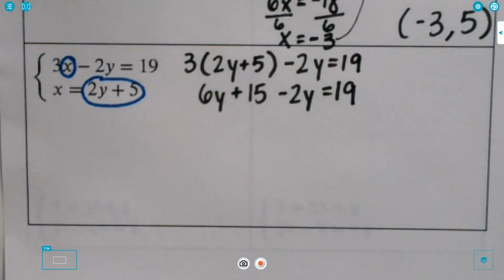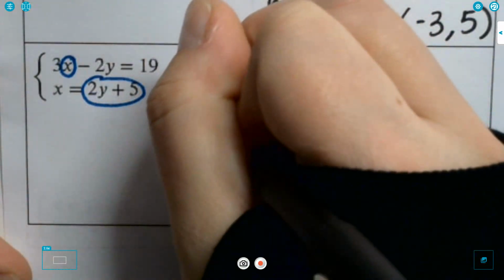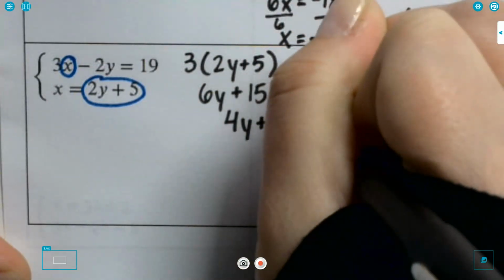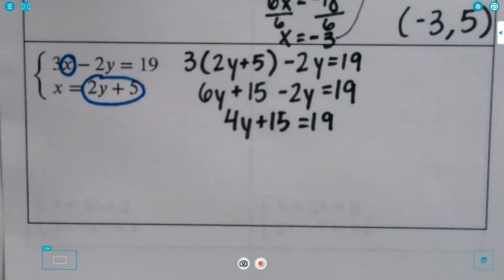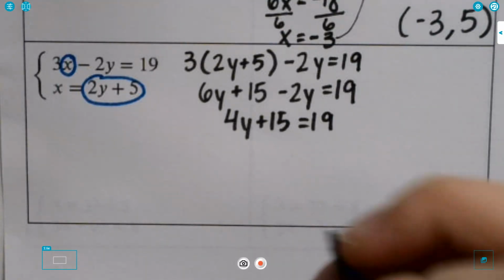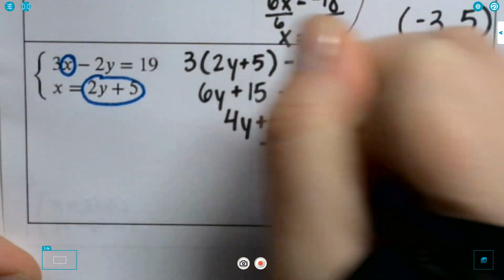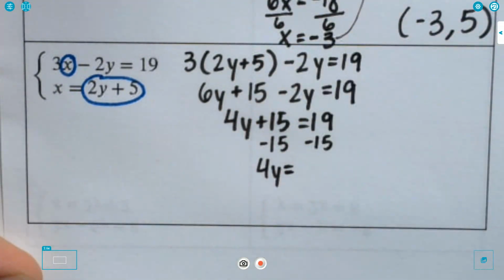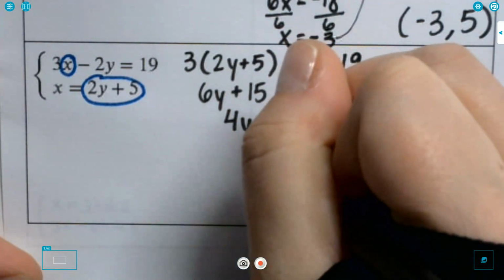And now I can combine like terms. So I'm going to combine together that 6y minus 2y. 6 minus 2 is 4. They're on the same side, so I don't need to do opposite operations. So I've got 4y plus 15 equals 19. I can subtract 15 from both sides. 4y equals 19 minus 15, which is 4.